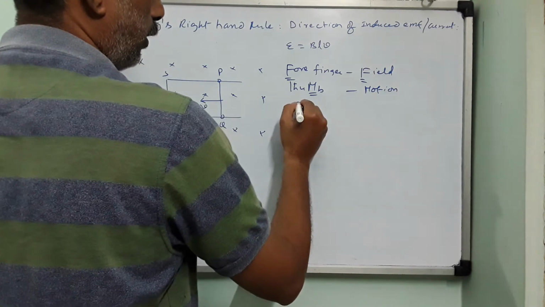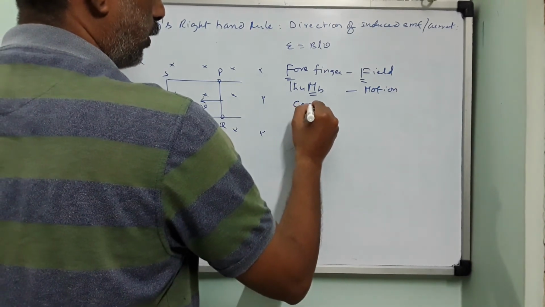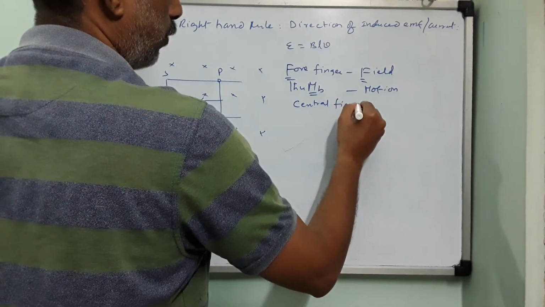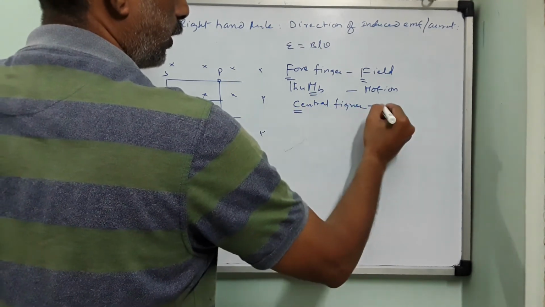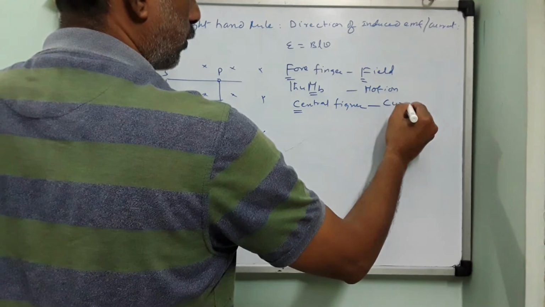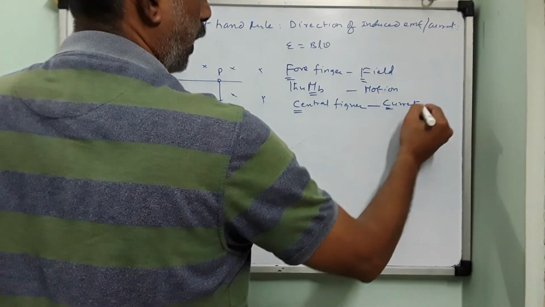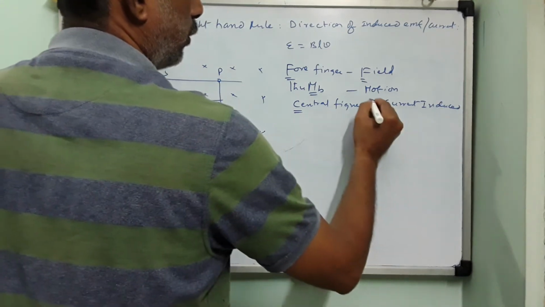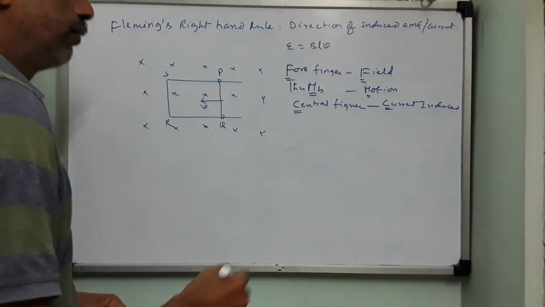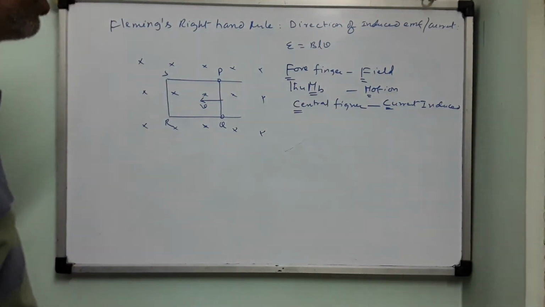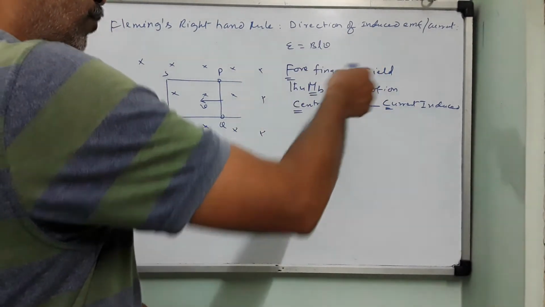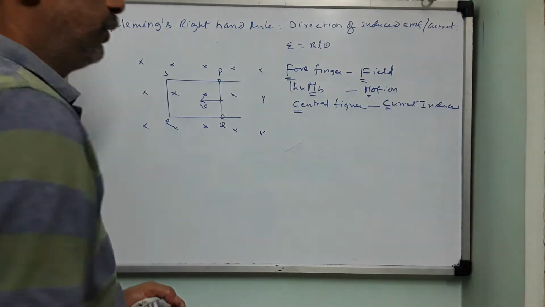Then the central finger shows the current induced. I have made an underline between particular letters. They correspond to F, M and C.